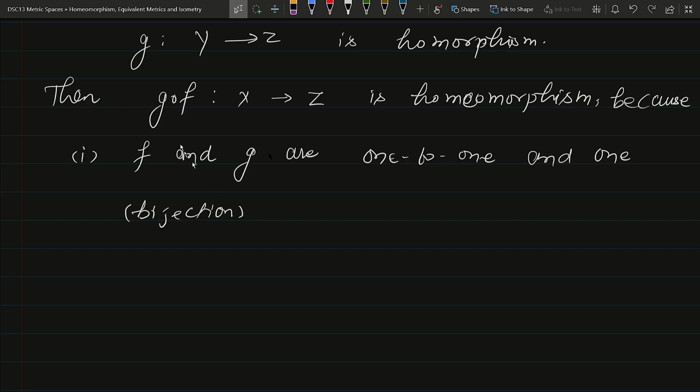Whenever we have the composition of two bijective functions, then their composition will also be a bijective function.